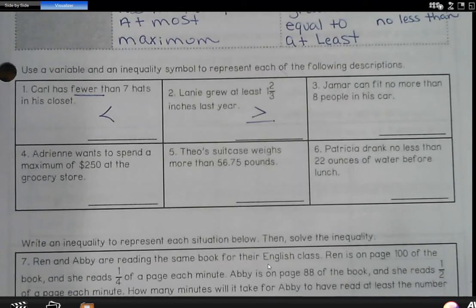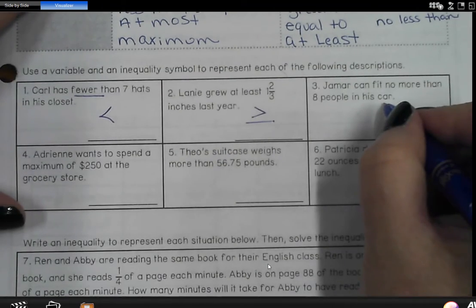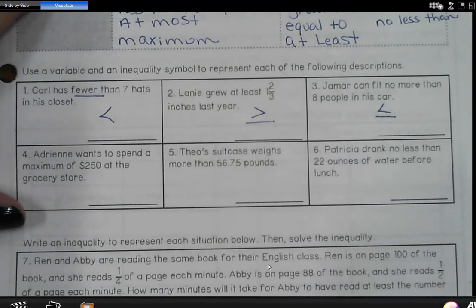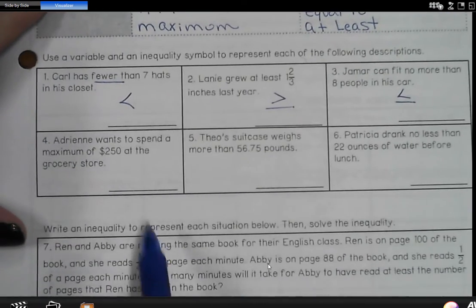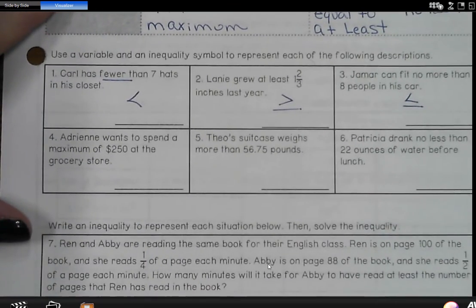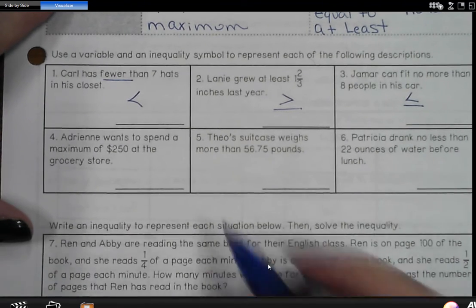Jamar can fit no more than 8 people in his car. Less than or equal to. Adrian wants to spend a maximum of $2.50 at the grocery store. Less than or equal to.